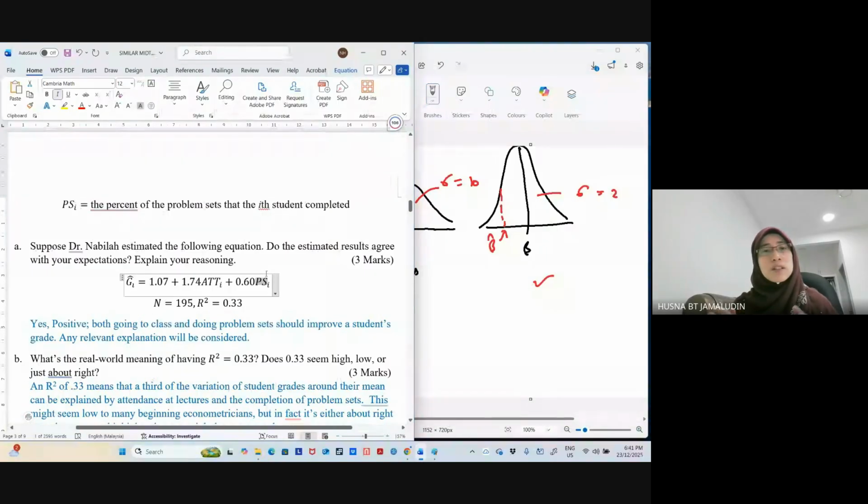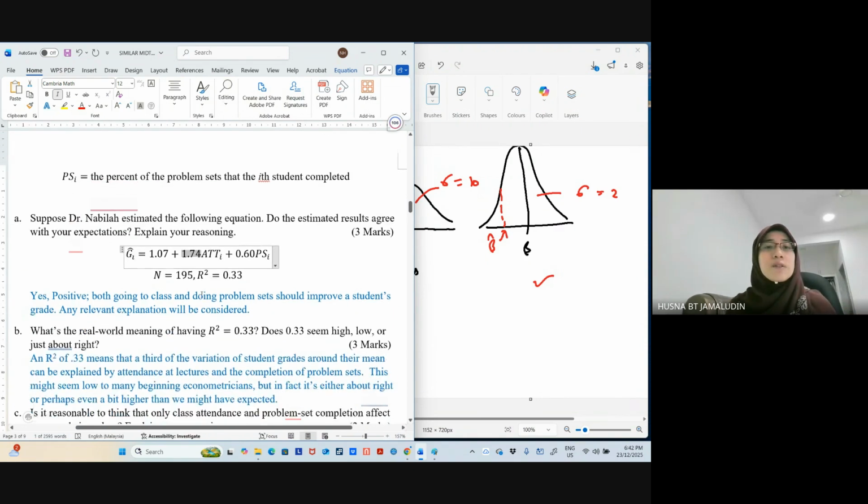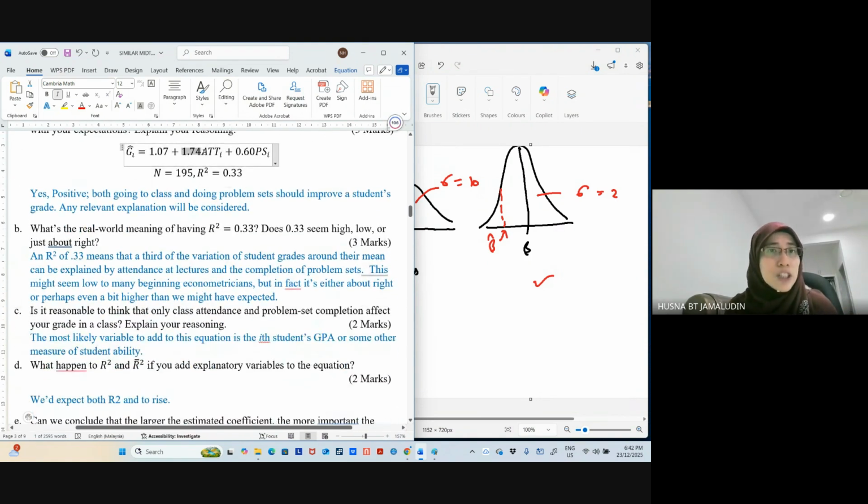So they are measuring two different things, and you cannot say the bigger coefficient is more important. Only if the two variables are measuring the same thing, then when one has a bigger coefficient, you can say it is more important.